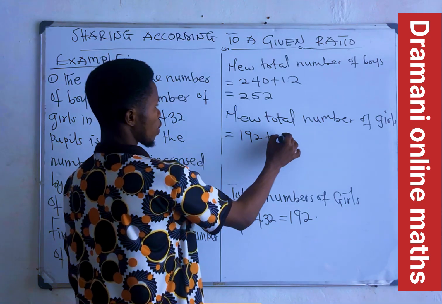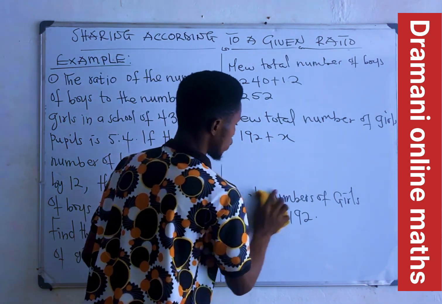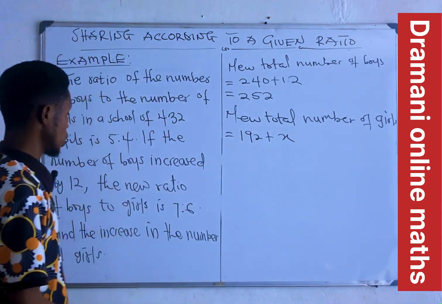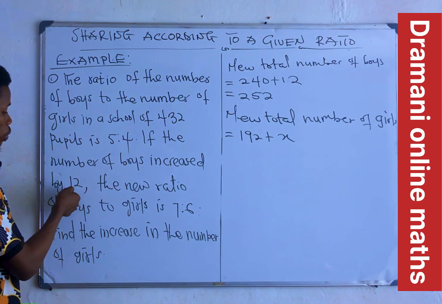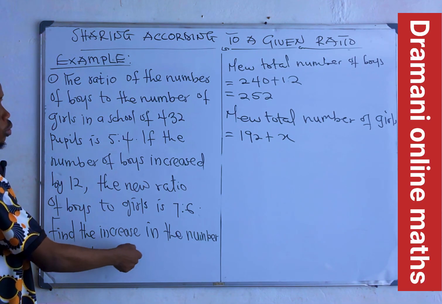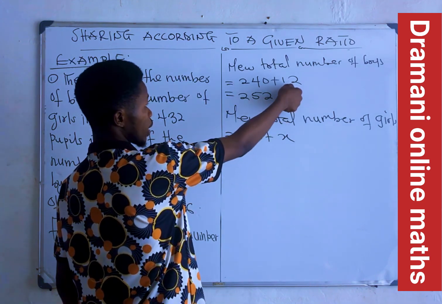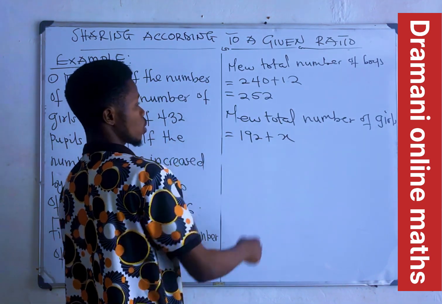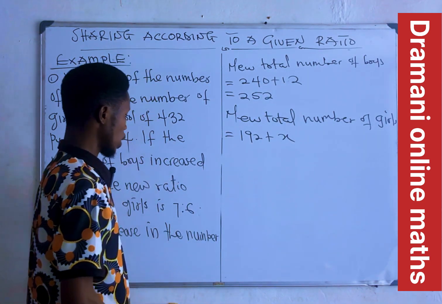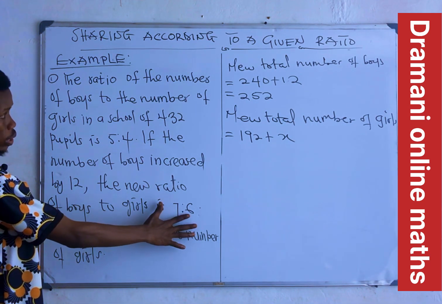So let's represent that one by X. Take note that the increment of boys was given, it was 12. So we want to look at the increase in girls, and we are representing that one by X. We just add, just like we added the 12 to this one, you are adding it to that. And you are saying that when that happened, your new ratio is 7 is to 6.